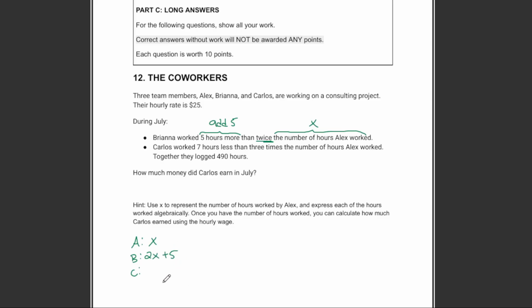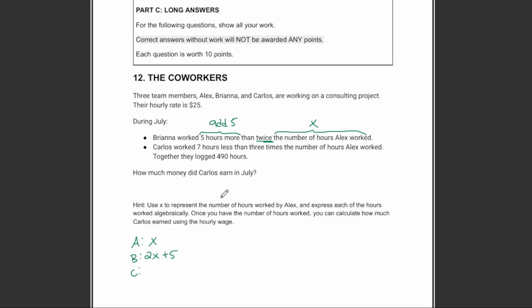Now, let's look at Carlos. Carlos worked 7 hours less than. So remember, 7 hours less than doesn't mean we're doing 7 minus something. That means we're subtracting 7 from something. If you see a number with less than something, that is what's being subtracted.